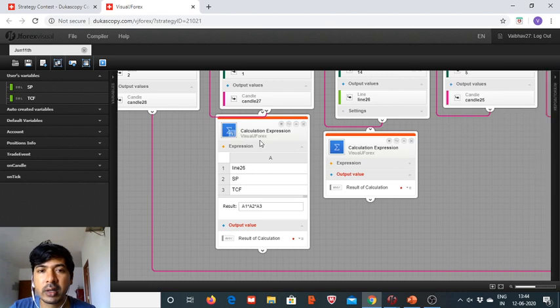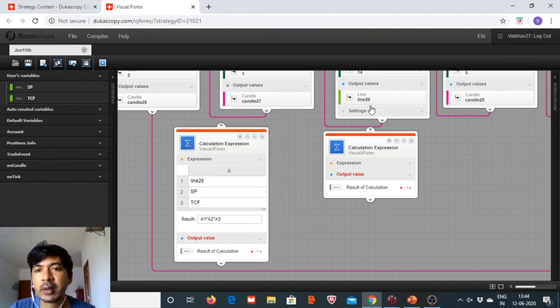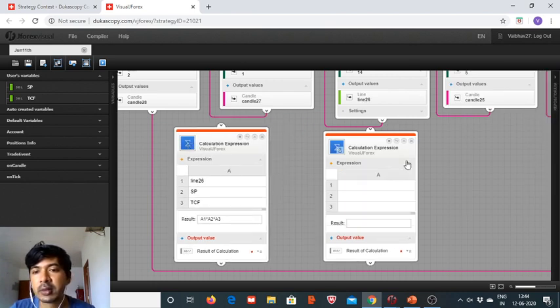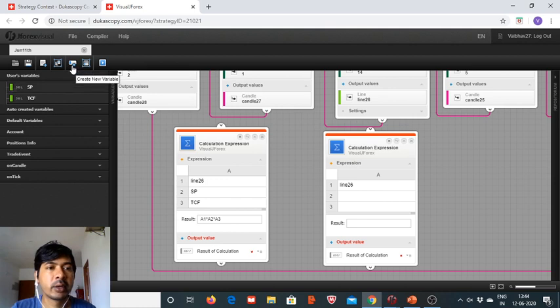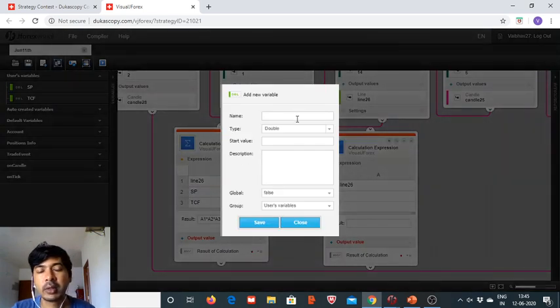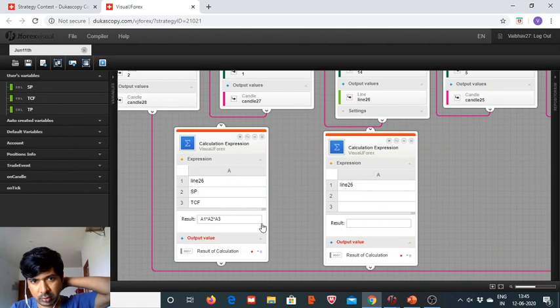We take line 26 as it is, and we create a new variable, target price pips, target pips, and it will be 0.5, that is 50% of the daily ATR.